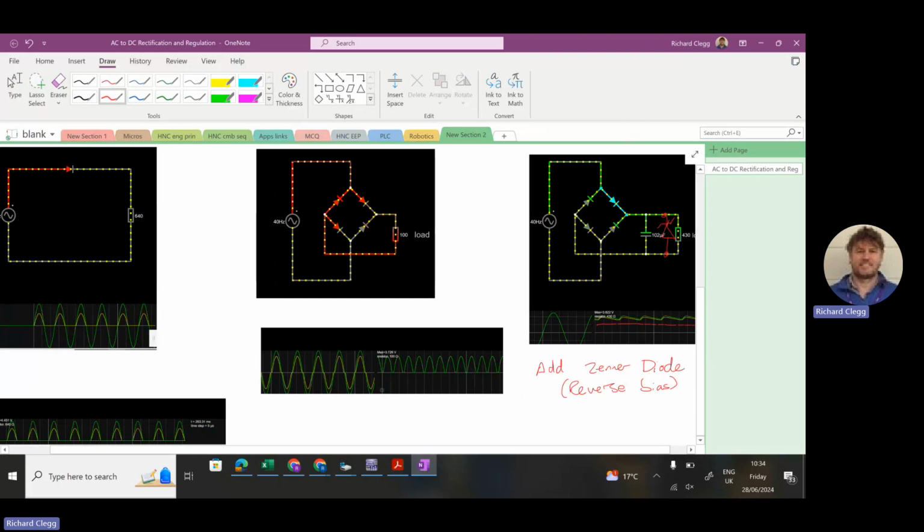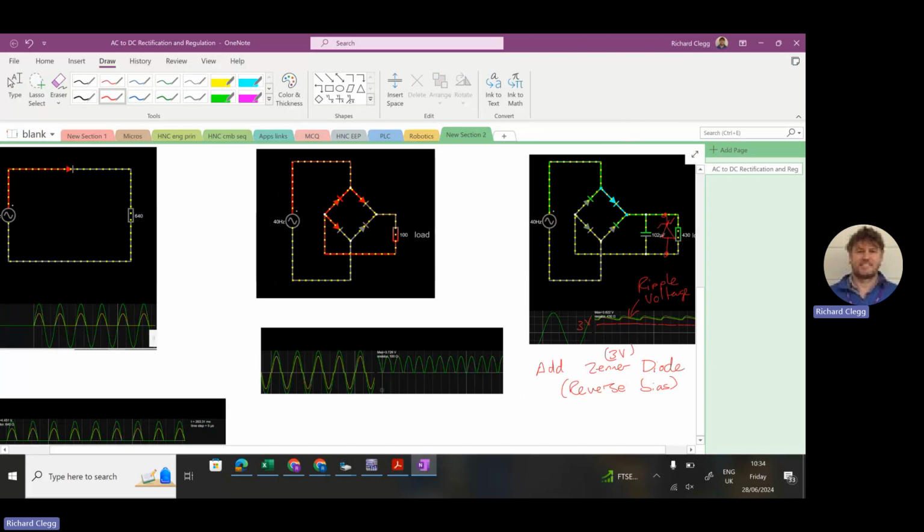If that was, let's say, a 3 volt Zener diode in there, that would clamp it at the 3 volts underneath this ripple. So let's say this is ripple voltage.